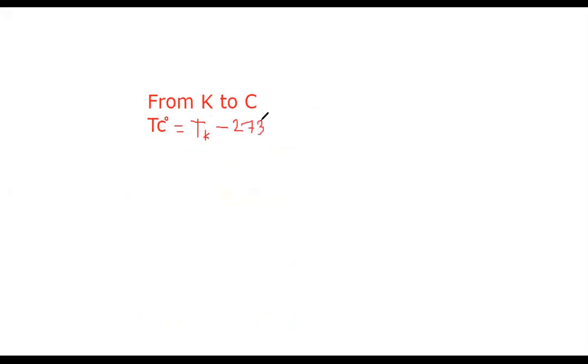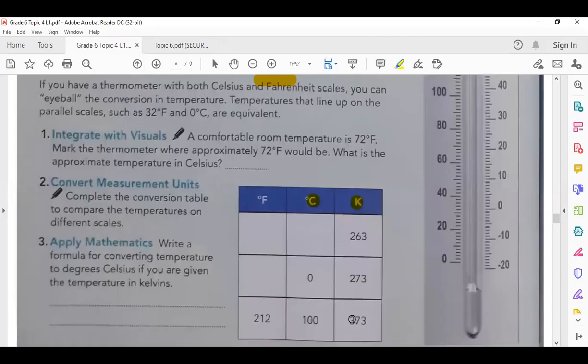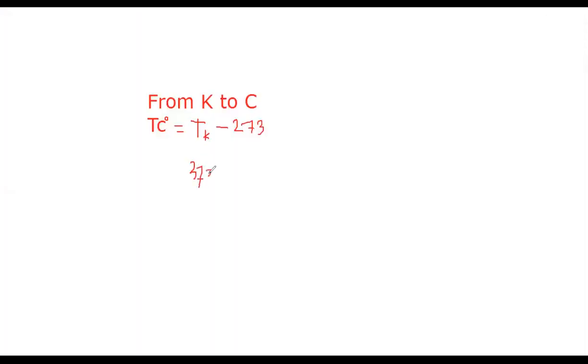Look at this table. For example, the temperature in Kelvin is 373. Temperature in Kelvin 373 minus 273 is equal to 100 degrees Celsius.